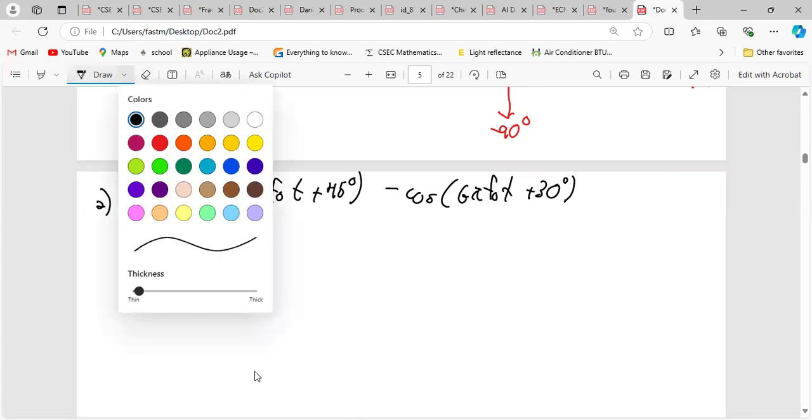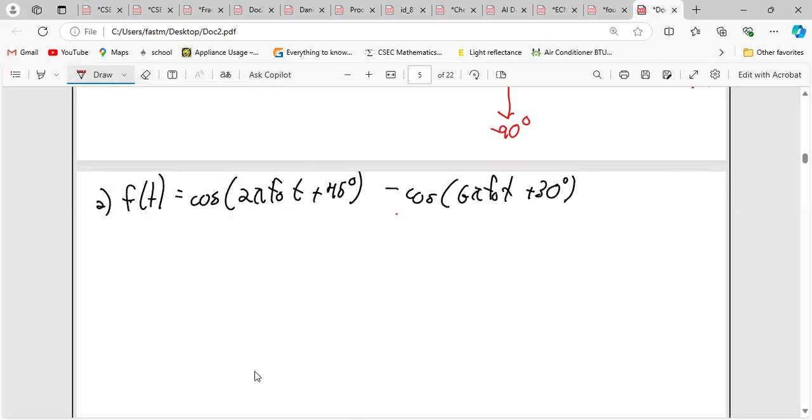What form is it? It's kind of like 80% in the harmonic form, but we will say it in the harmonic form solely because it's just cosines. Remember, it's a sum of individual sinusoids, right? So this here is a sinusoid, and this here is a sinusoid, right? So harmonic form, no problem.